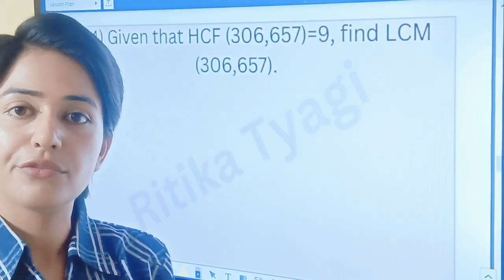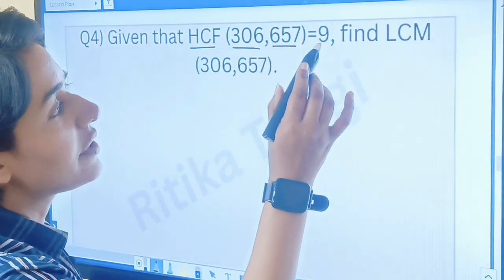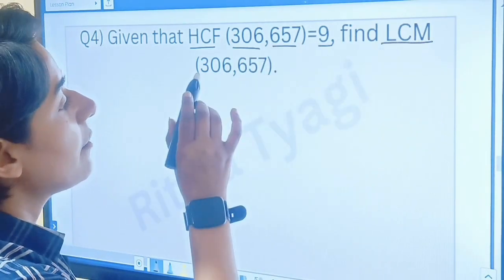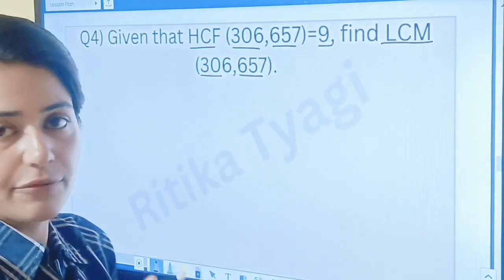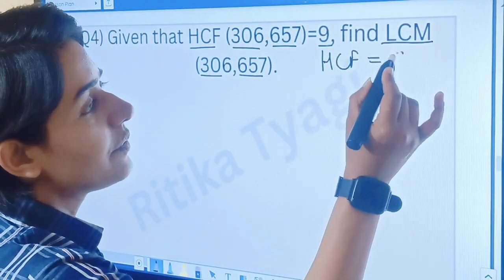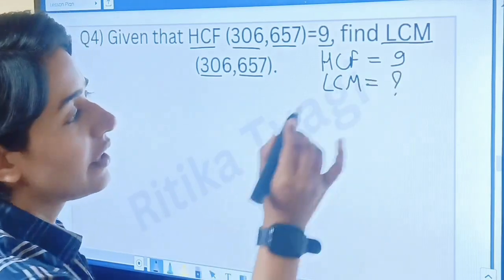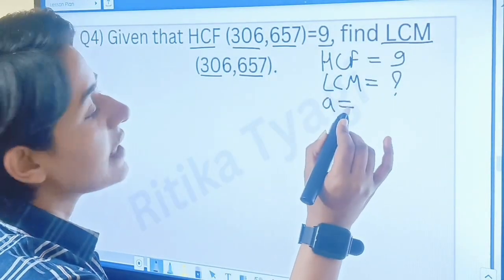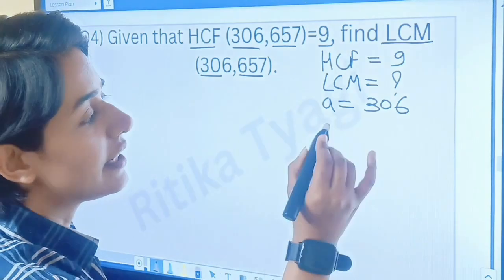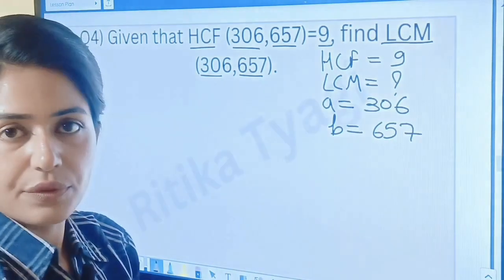Solving question number 4. Given that HCF of 306 and 657 is 9. Find the LCM of 306 and 657. So here HCF is given, that is 9. We have to find the LCM value. First number, that is A, is 306 and second number, that is B, is 657.